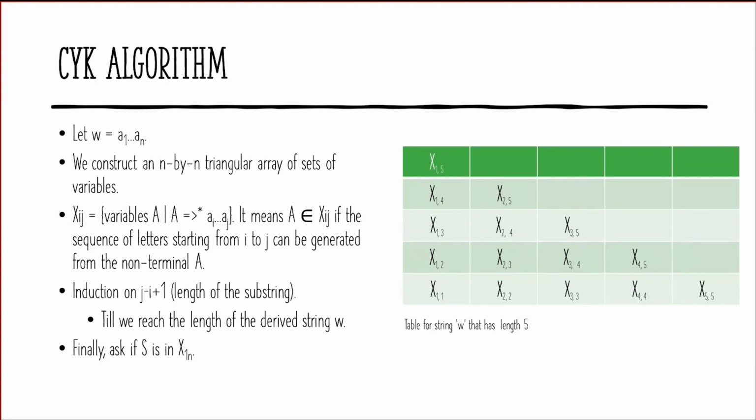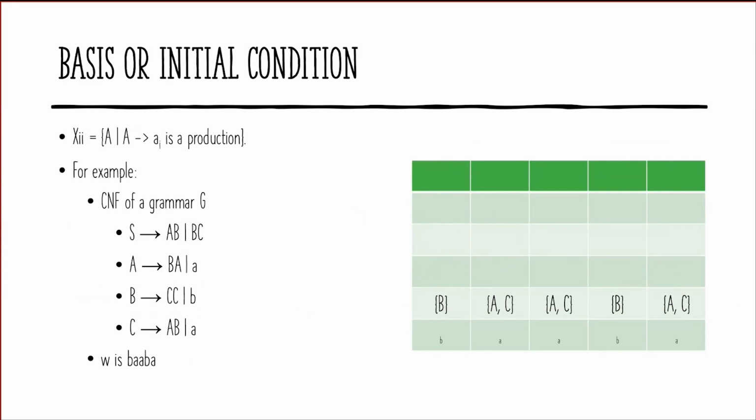Okay. In order to start applying the dynamic program, we solve for the length one substrings by using brute force. Let's take an example. We have this CNF of a grammar G, and these are the rules of this grammar, and we want to find if this string W equal to BA belongs to this language.